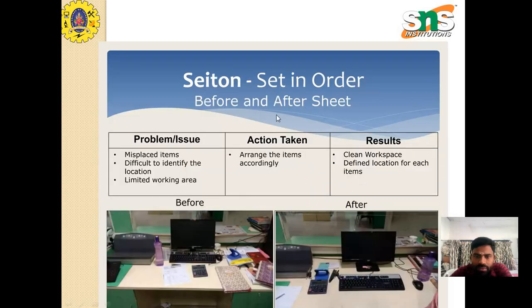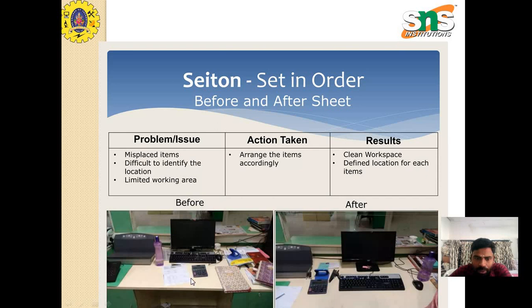And the next is set in order. What is the problem? Misplaced items, difficulty in identifying locations, and limited working area. So what action are we taking? They are arranging the items accordingly, and the result is a clean workspace and a defined location for each item. So we see before and after.